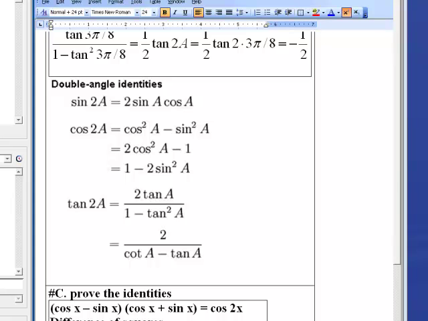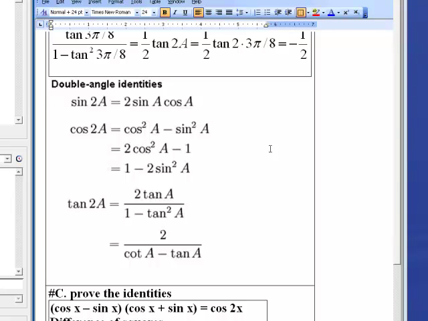There we go. And that one indeed is the first double angle identity for the cosine, and we're done with this proof.